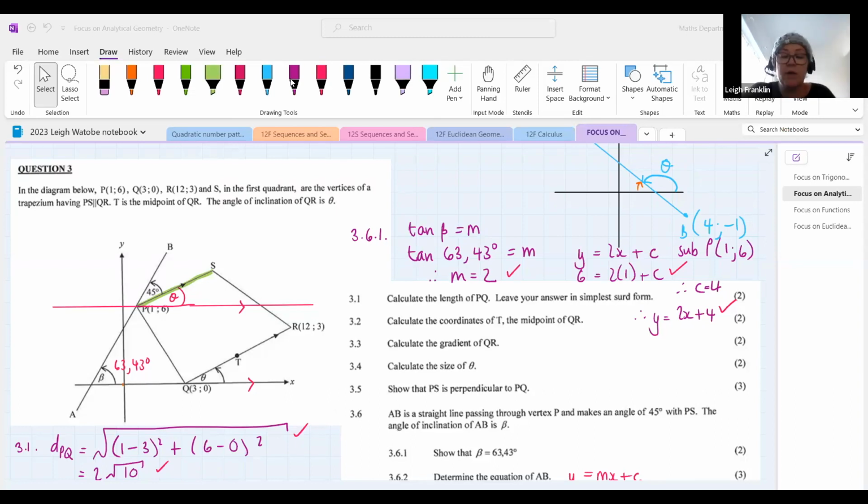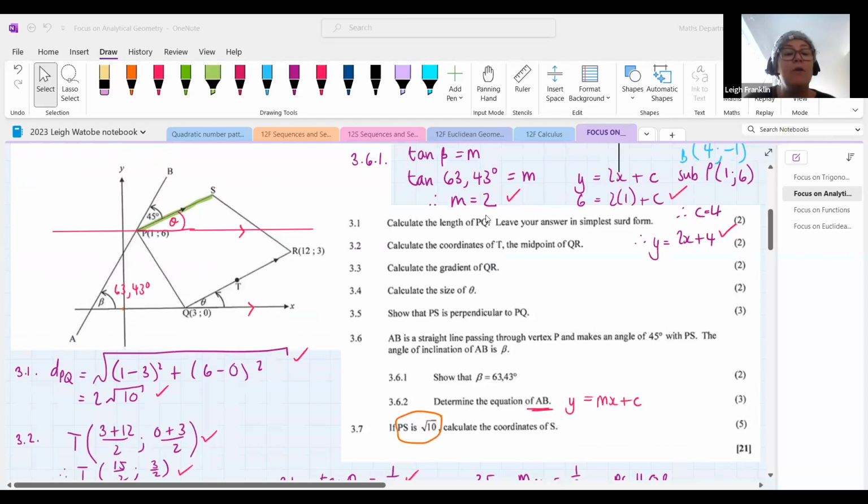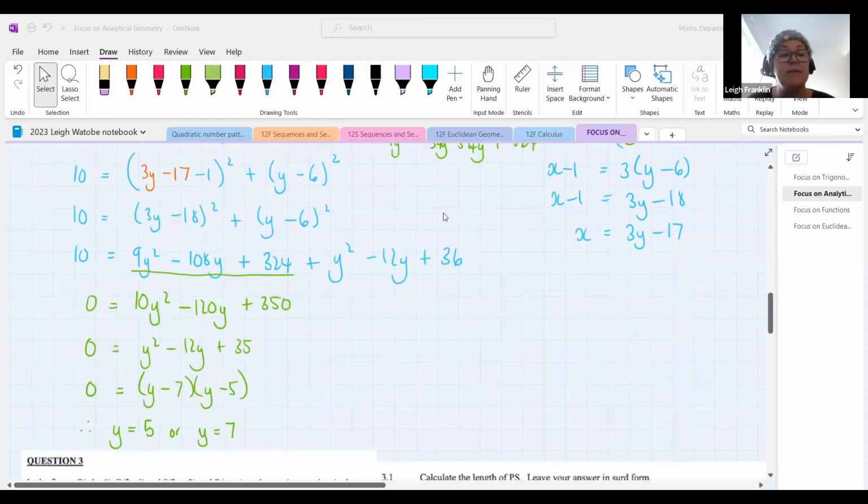Exactly, Rosaria, by looking at the coordinates of P. So what is the y coordinate at P? Exactly, Kotwano. Yes, Gugu. The y value at P is 6, and S is above P. So it can't be 5, so it's 7. Yes, 100%. So it must be 7. Good. That's why we've got to go back, look at our diagram, and make a decision.